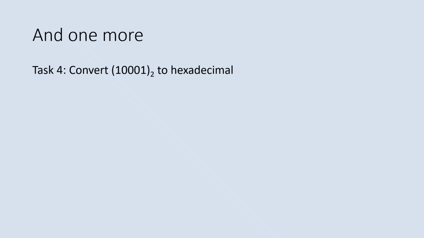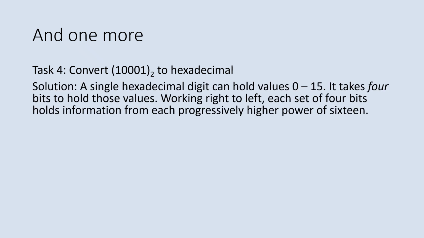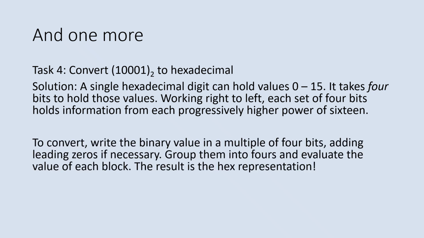So what if we wanted to convert this same binary number to hexadecimal? The same idea holds, except that a hexadecimal digit can hold all the values from 0 to 15. And it takes 4 bits to hold those values, so rather than breaking these into blocks of 3, we will break them into blocks of 4, again adding leading zeros as necessary.